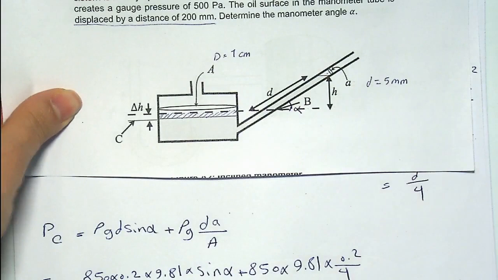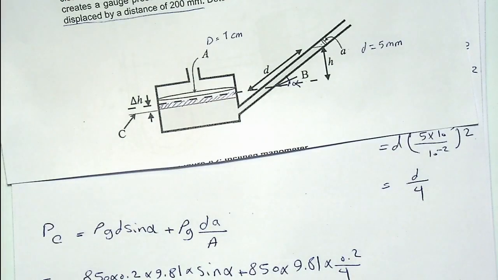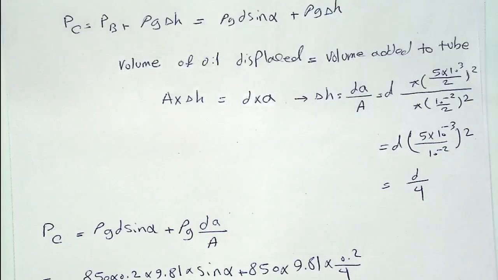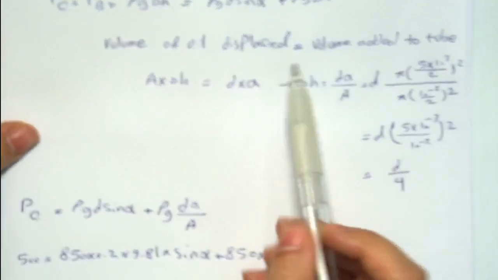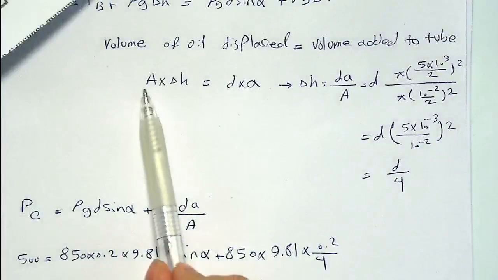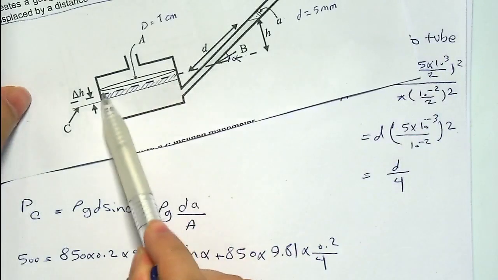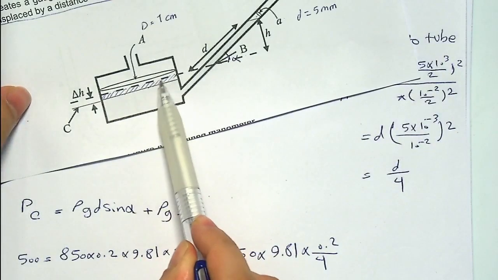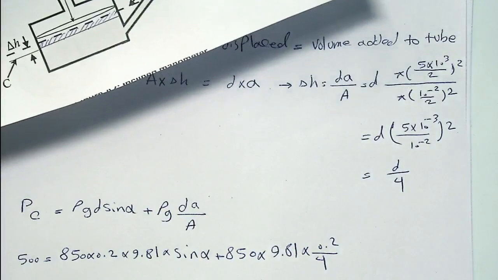It's the change in height times small a over big A. So you see the volume of the oil that has been displaced is now added to the tube. So A delta H is the volume of the oil here, and now it's added to the other part.